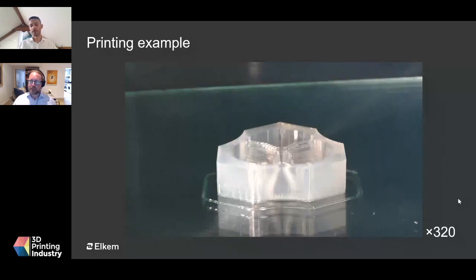Okay. Are your 3D printable silicone materials biocompatible for medical or pharmaceutical use? And do you have test data available? We are developing some products for this kind of application. Yes. Okay. So coming soon. What are the testing standards used to obtain the mechanical properties of these AM silicones?